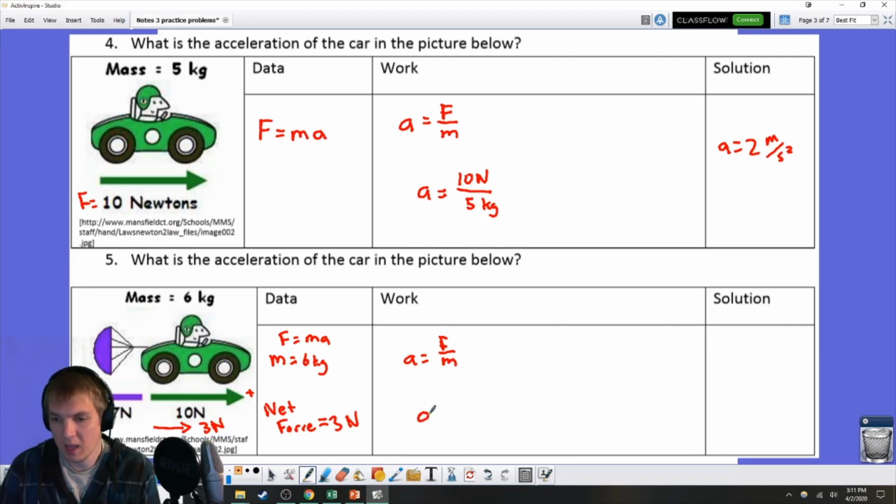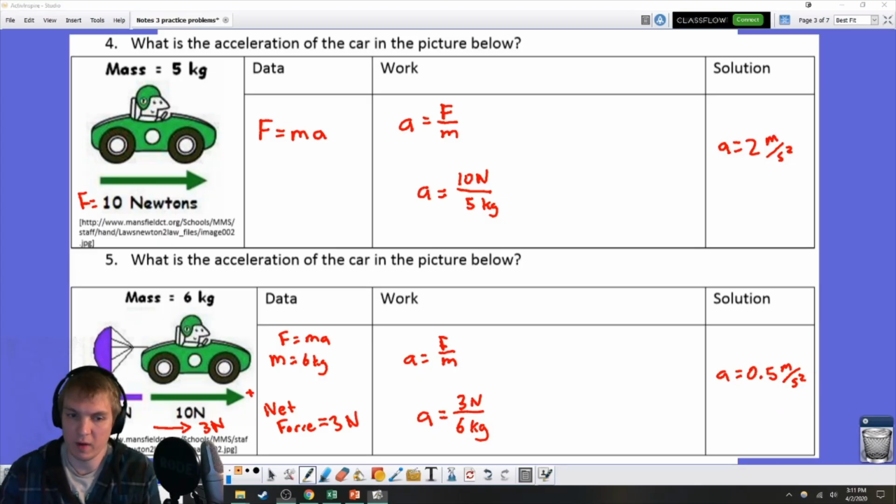A is equal to the force, which is 3 newtons, divided by my mass, which is 6 kilograms. If we do the math, acceleration is equal to 0.5, 1/2 meter per second squared. All right, so there's numbers 4 and 5.